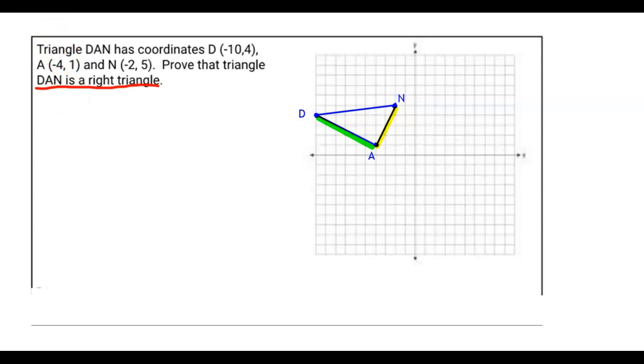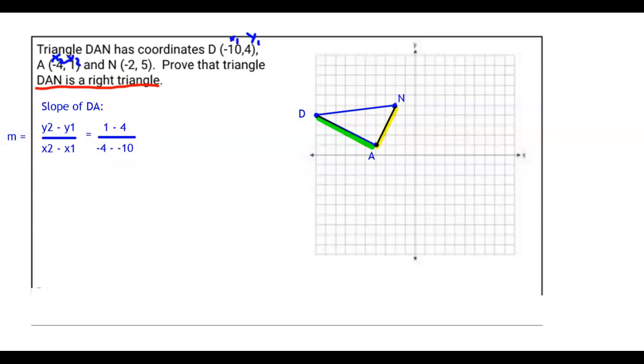First, let's find the slope of DA. It's a good idea to write down the formula first. The slope is equal to y2 minus y1 over x2 minus x1. And now let's substitute in the values from D and A respectively. By labeling x1 and y1 and x2, y2, I can keep myself organized here. I substituted y2 minus y1, which is 1 minus 4, and x2 minus x1, which is negative 4 minus negative 10.